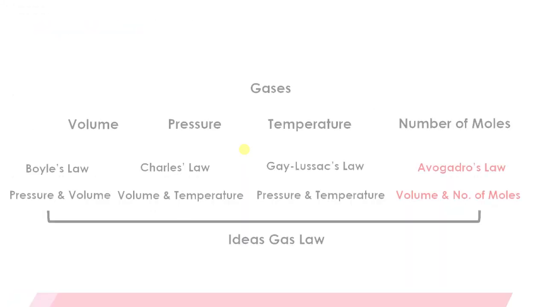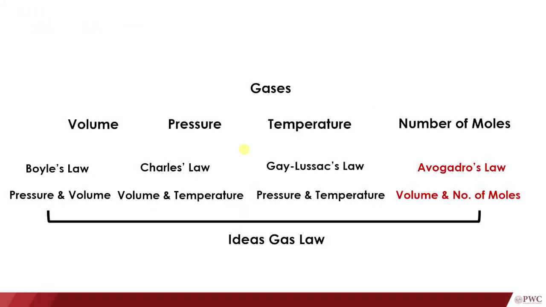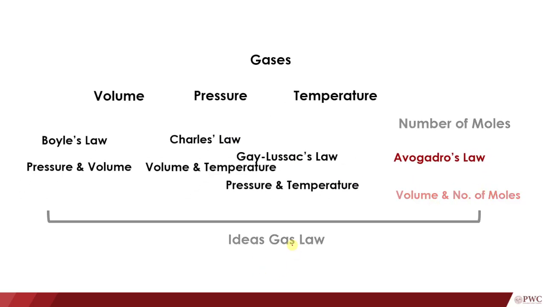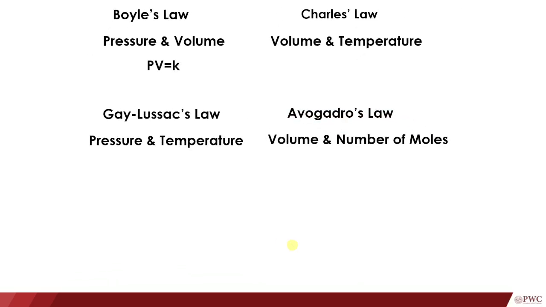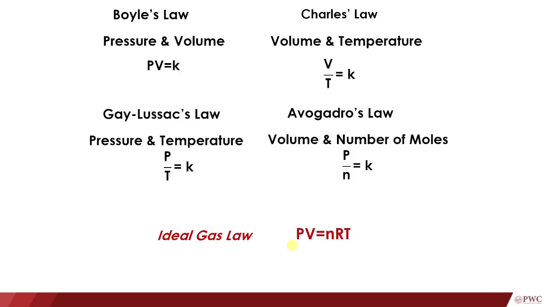That's Avogadro's law. Now we can combine Boyle's law, Charles' law, Gay-Lussac's law, and Avogadro's law into one equation or one law. That's the ideal gas law. So again, we have these formulas for Boyle's law, Charles' law, Gay-Lussac's law, and Avogadro's law. We can combine all of these to form the ideal gas law. We have PV equals nRT.